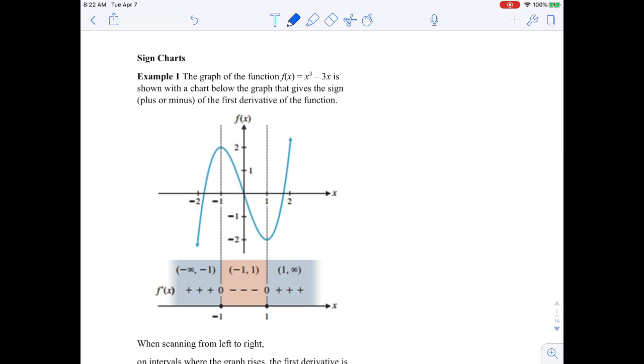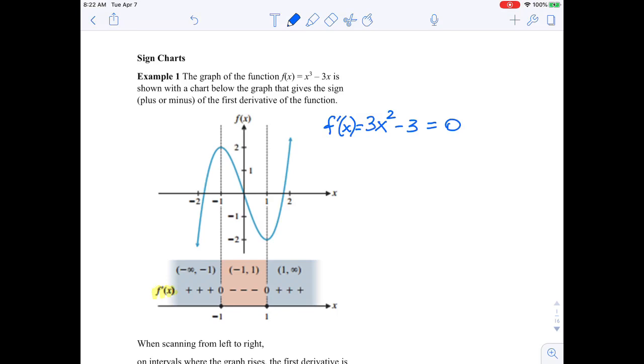The first thing that we want to do is find the derivative. And then we set that derivative equal to 0, which will tell us where we have that horizontal line.